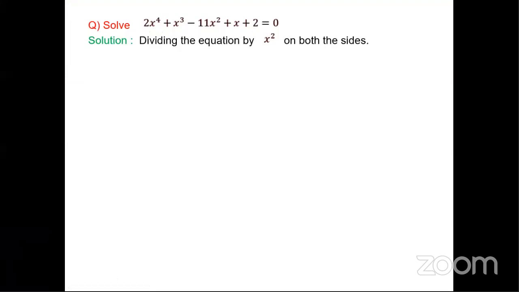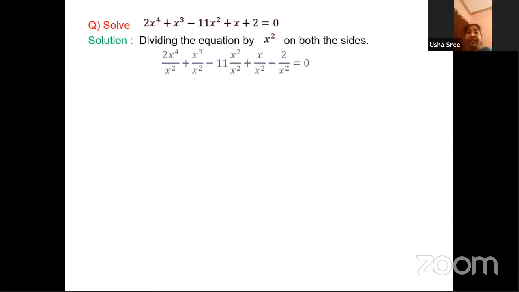How are we going to do it? We will divide the total equation with x square on both sides. When we do so, look at your equation: 2x power 4.